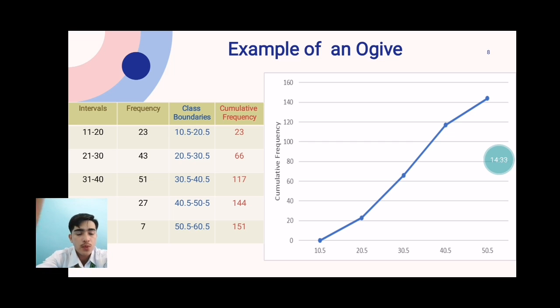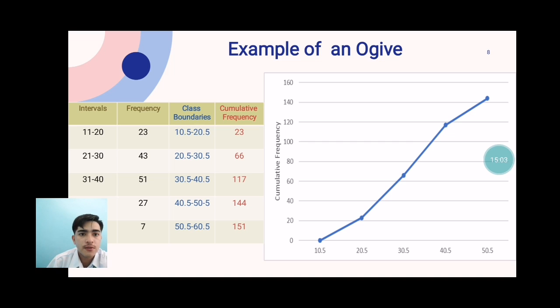So that's why we start our x-axis at 10.5, since it is said that we will start at the lower class limit. So our lower class boundary is 10.5. So 10.5, 20.5, 30.5, 40.5, and 50.5.